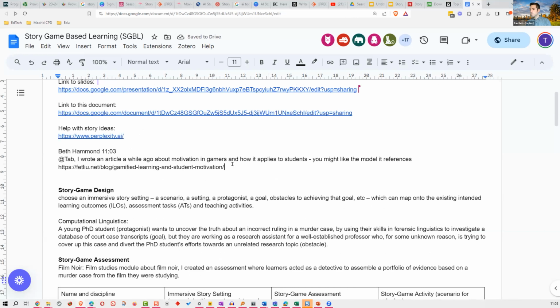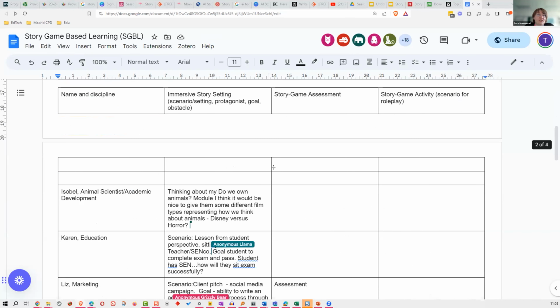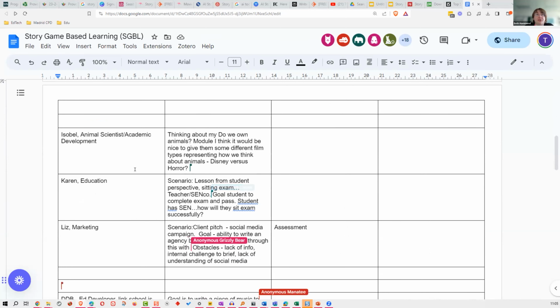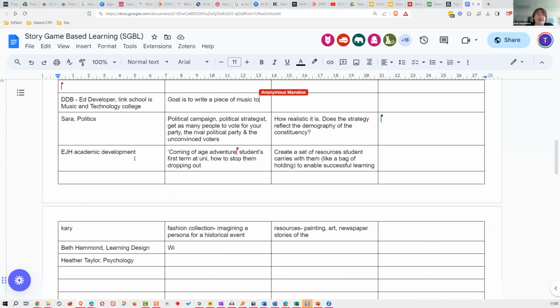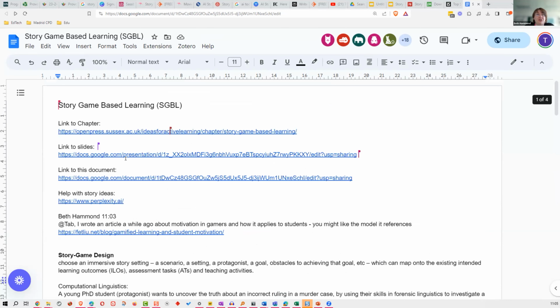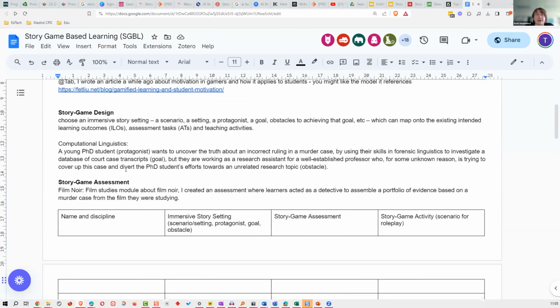I've added that into the document, Beth. I hope that's okay. So there's a link to that at the top of the document. It's based, I think, on computer gaming research that they did, but there's stuff there that you can interpret in a student focused way.